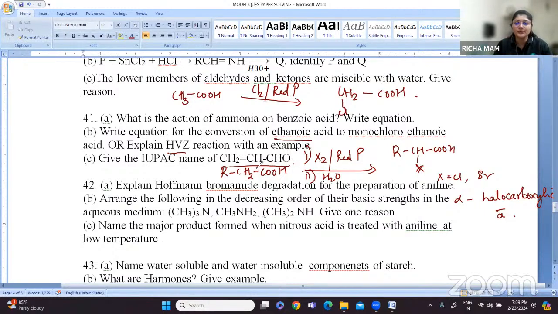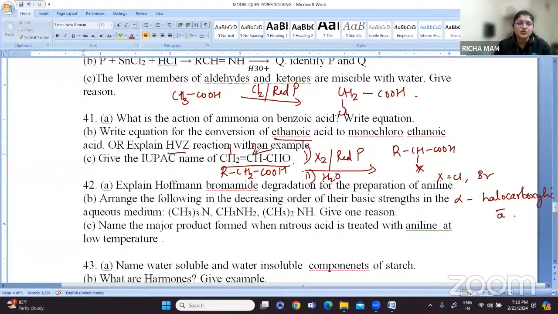Yes. Next, what is the IUPAC name of this compound? What is the IUPAC name? It is... what is the name, students?